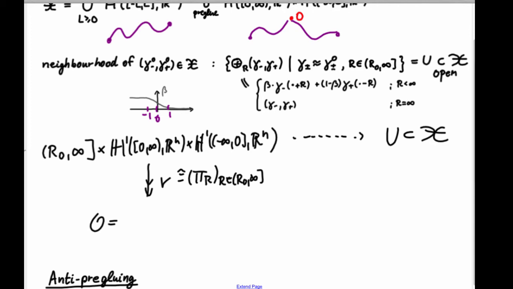Right, so with that, my retract is going to be the union. And now I'm going to need to be a little bit careful here. So the union times some image of the pi r. I want to write r here, but that interval here is not an interval sort of in Rn, right?